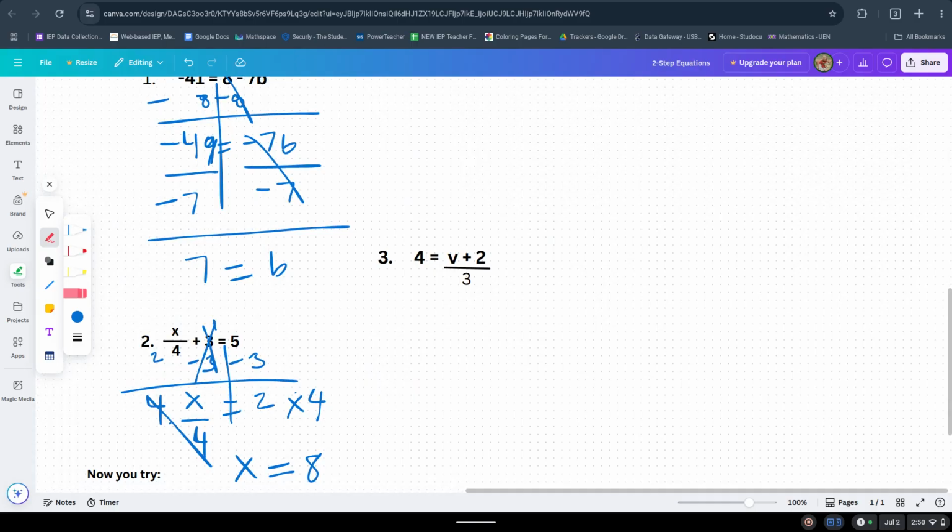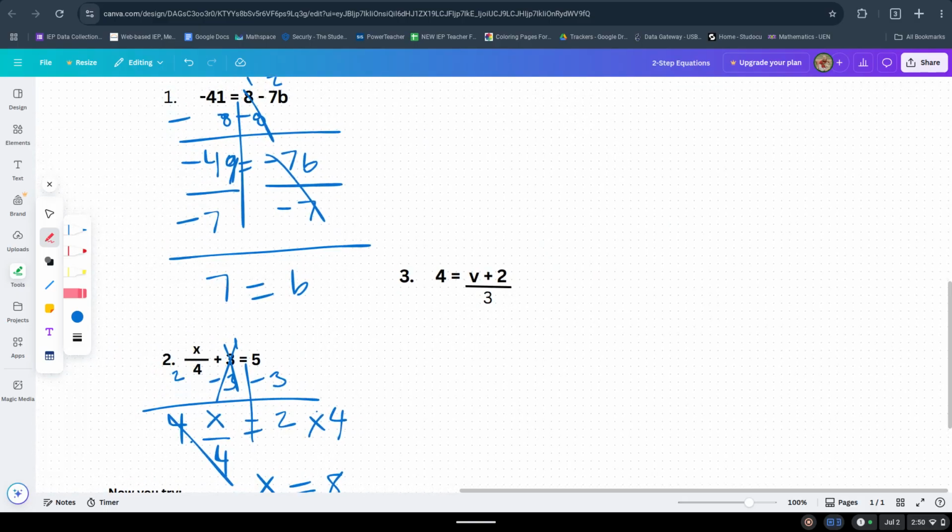So when we're doing this one, a trick that we want to think about is what is farthest away from our variable. What is the farthest number away from our variable just on that same side?